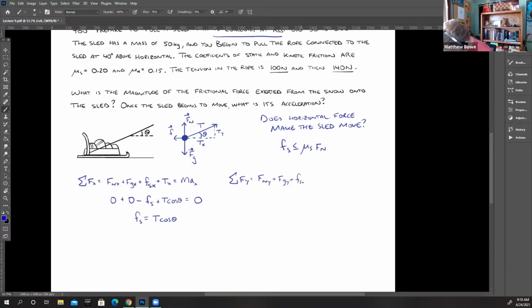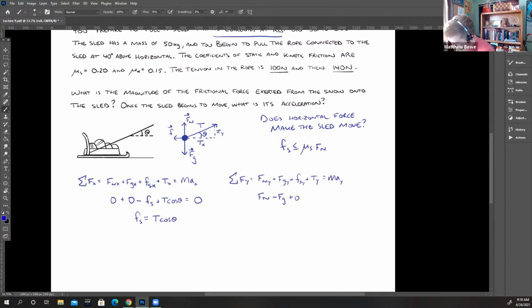F static friction in the y direction, tension in the y direction. Okay, so we have positive normal force, a negative force of gravity. There is no frictional force in the vertical direction.